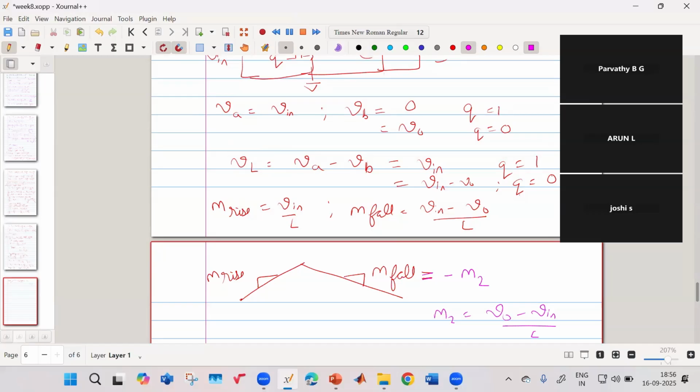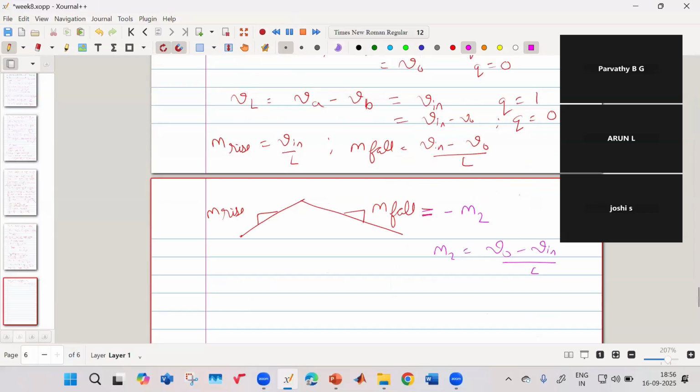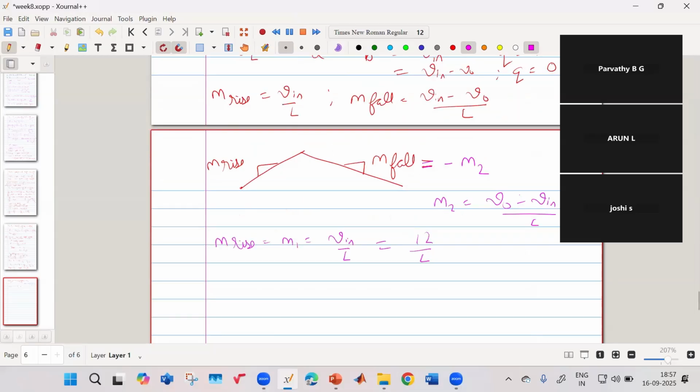To make it more clear, let us look at the numbers. So we have said V in is 12 volt. Let us say your L is L. We have seen your M rise, M1, is V in upon L. So V in is 12, and L can be any value, so this is 12 upon L. What is your M fall? Can you tell me?